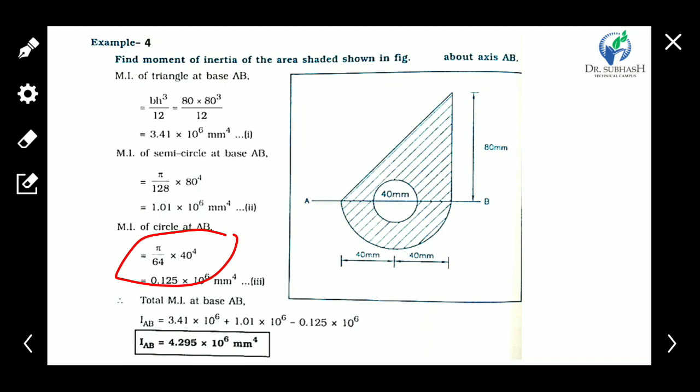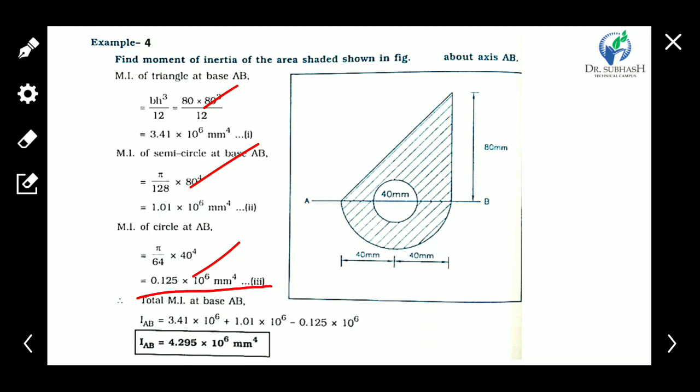The diameter of the circle is 40 mm, so 40 raised to 4, and the MI of the circle is 0.125 into 10 raised to 6 mm raised to 4. Now we have the values for all the elements: triangle, semicircle, and circle.